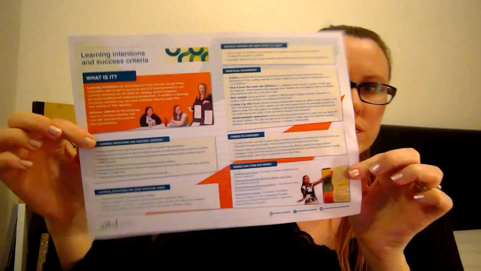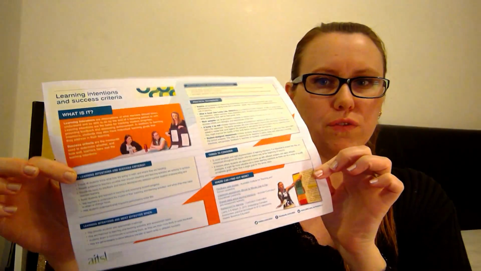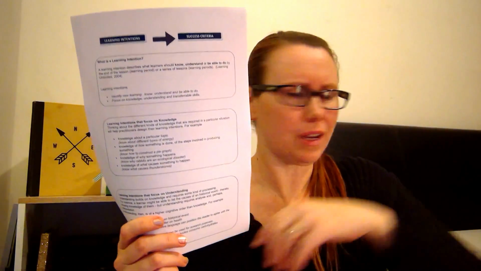This is a flyer that was easily printed out with just a broad overview if you're looking at getting some information, some basics, or if you want to reinforce what you're doing and understand why we've got it. Those are two handouts that are easy to find. And even if you Google, there's heaps of stuff about effective feedback, about learning intentions and success criteria. If you're willing to spend the time, there's heaps of freebies out there that people have made for themselves. And obviously you just need to interpret whether or not it's going to be useful for you.